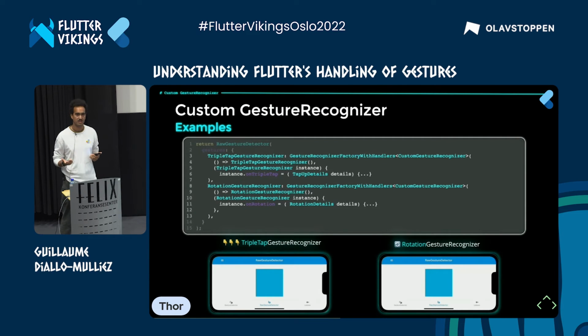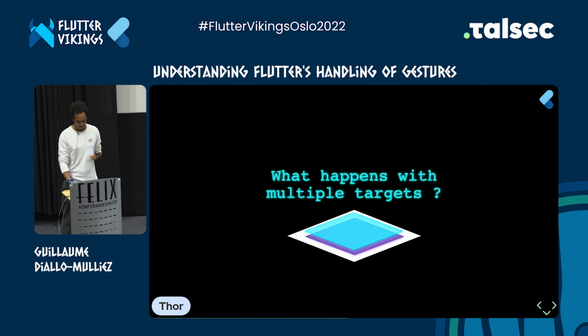So this is a great example of how to implement a custom gesture recognizer using already implemented ones and not reinvent the wheel. If you have any good implementation of a gesture recognizer that you would like to share, I'd be happy to see it.